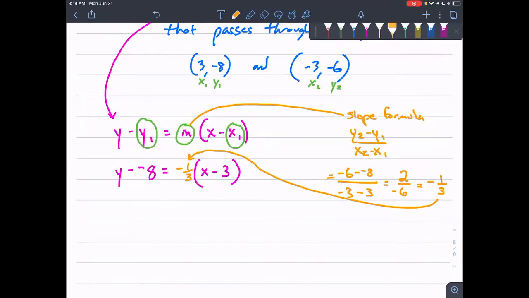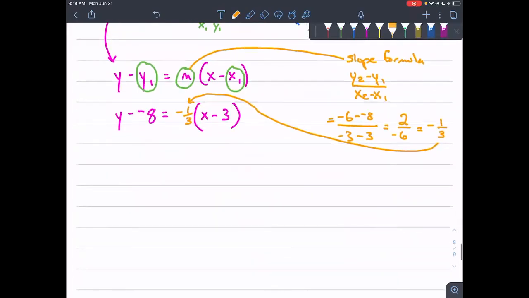And then from there, just y plus 8. On the right side, distributing that negative 1/3 times x. Negative 1/3 times negative 3, that's going to be a positive. Negative times negative, positive. And if you think of that as 3 over 1, you're just multiplying the top numbers, multiplying the bottom numbers. 1 times 3 is 3.